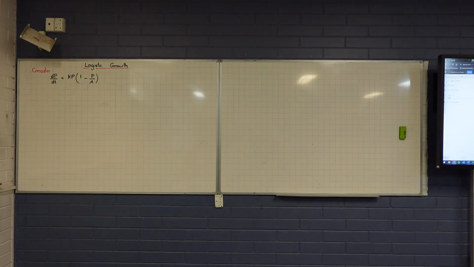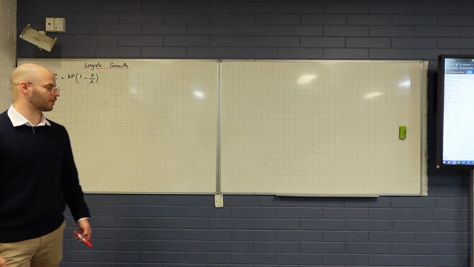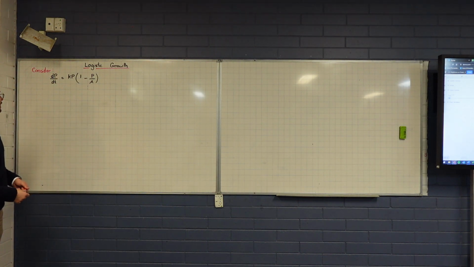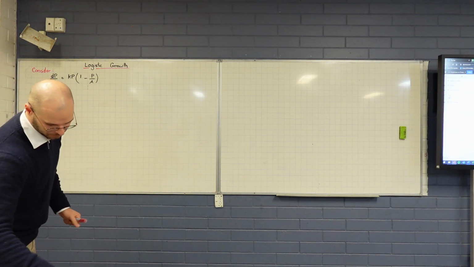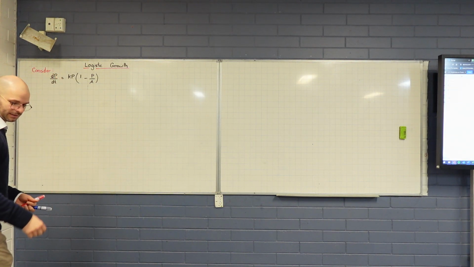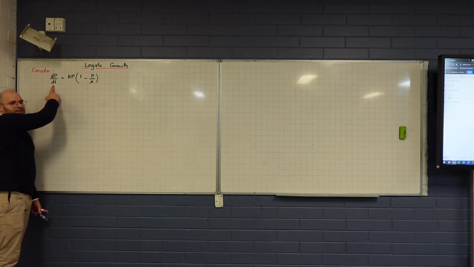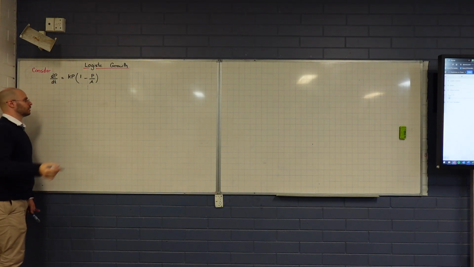So we're looking at the logistic growth model today, where the model is defined as this formula over here. dP/dt equals kP multiplied by, all in brackets, 1 minus P over A. When we're looking at this, one way to think of it is, this is measuring the change in something with respect to, I don't know, maybe time.